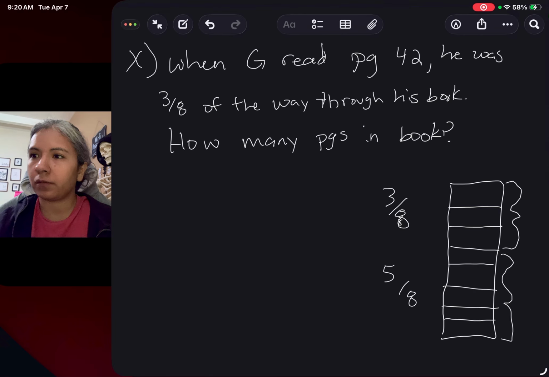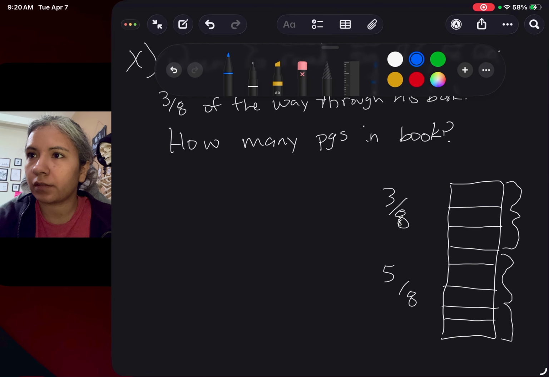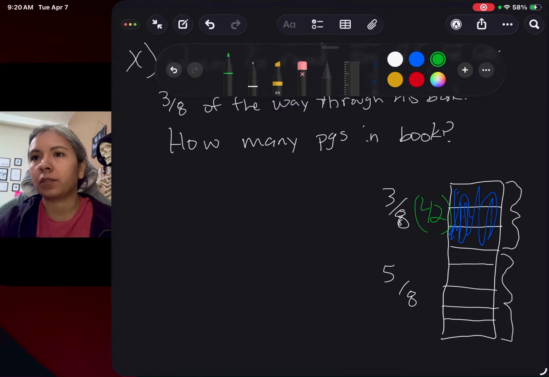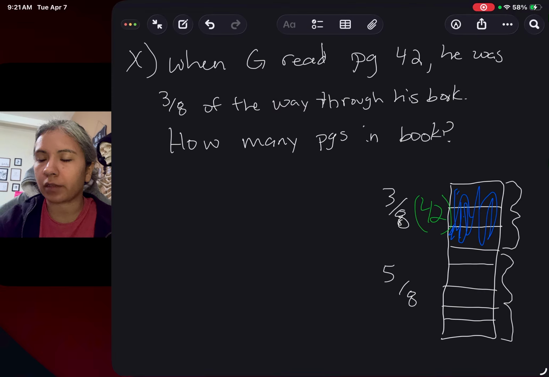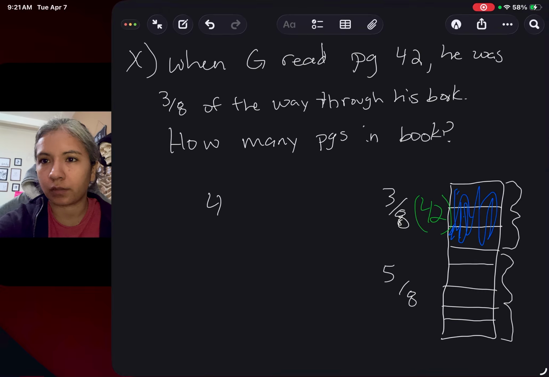So we know that this group here, these 3, equals 42 pages, right? So now we want to divide the 42 by 3 so that we can know how many per section.